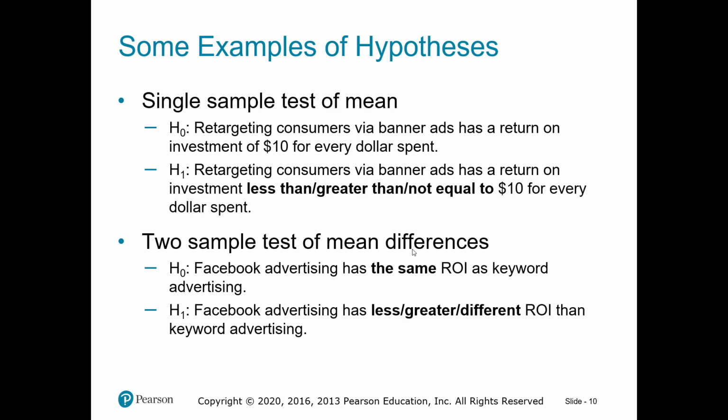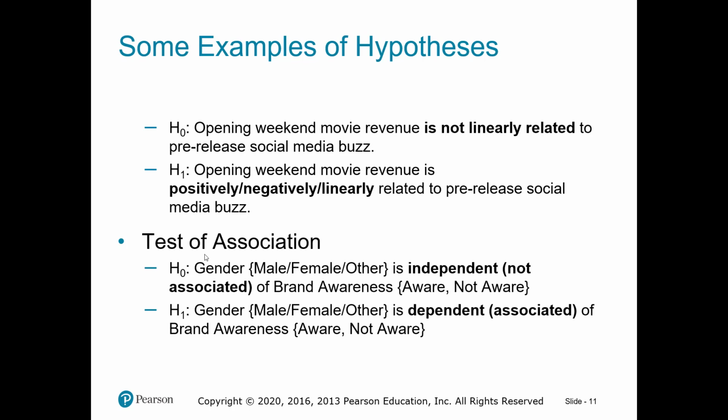Then we compare the mean values for each. And again, we can have these 3 different alternative hypotheses. We can check in one direction, less or greater, or we could check in both directions and say Facebook advertising is different from keyword advertising.